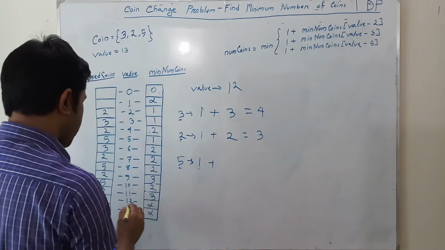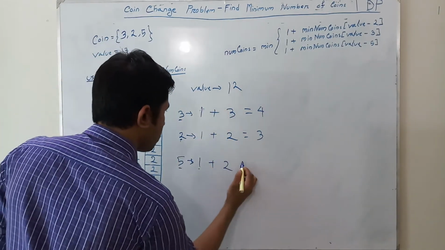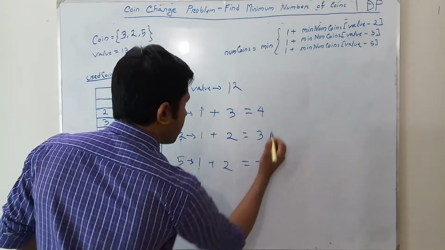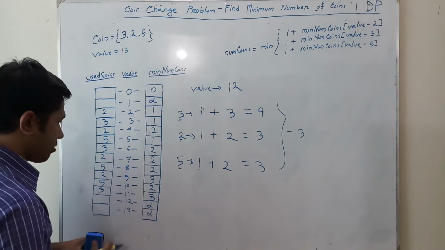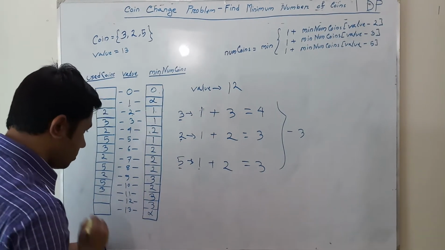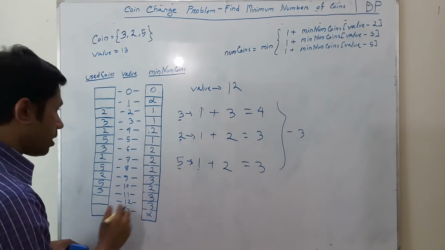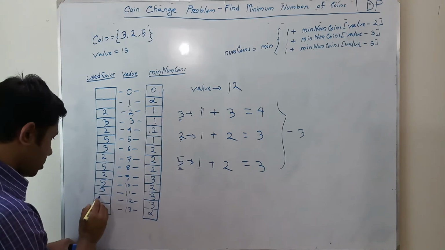After using the coin 5, the remaining value is 7, and for 7 the value is 2. So the value will be 3. Here the minimum number of coins is 3. So we will store the value here, and we can use any coin, 5 or 2.